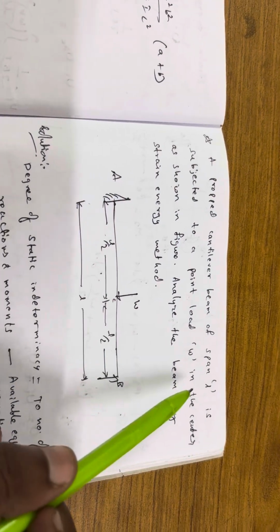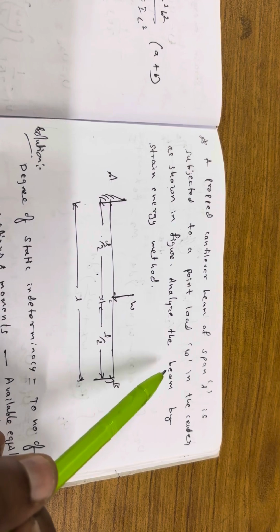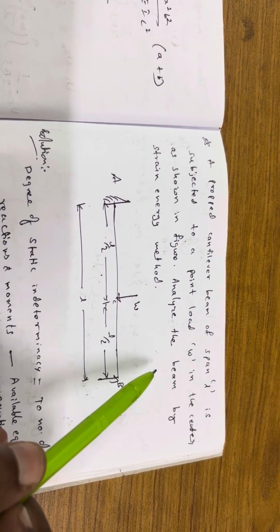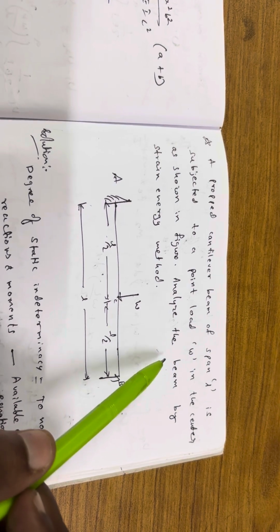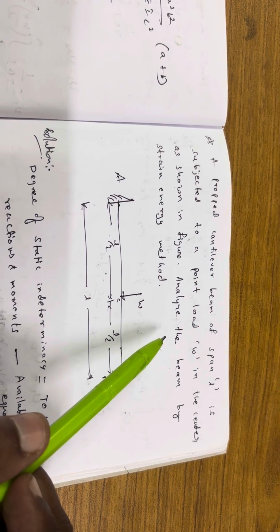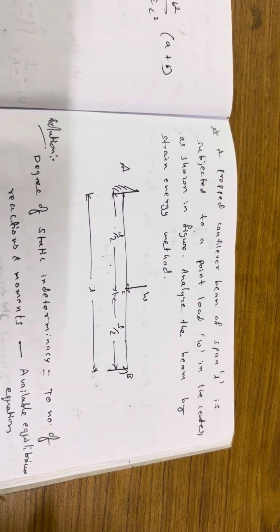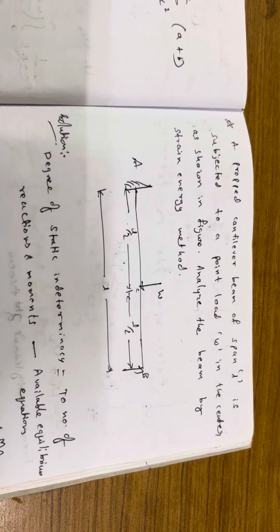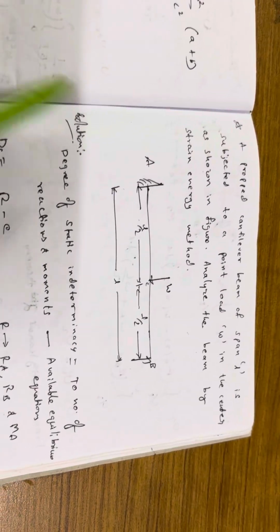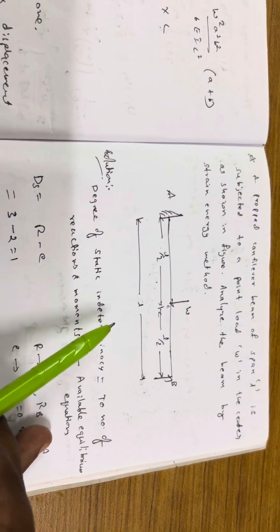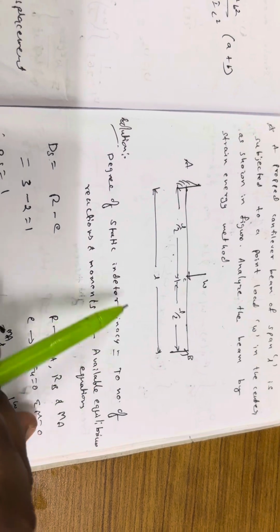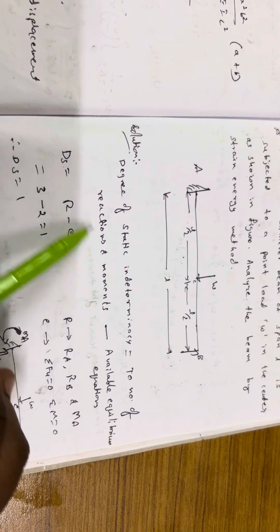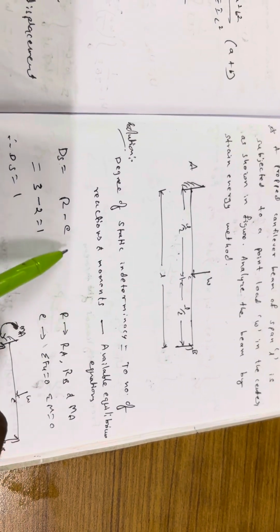So here we are discussing beams, frames, and truss analysis where ds value is 1. That means these structures are statically indeterminate by 1. First of all, we have to calculate the degree of static indeterminacy, ds, equal to the total number of reactions and moments minus the available equilibrium equations.